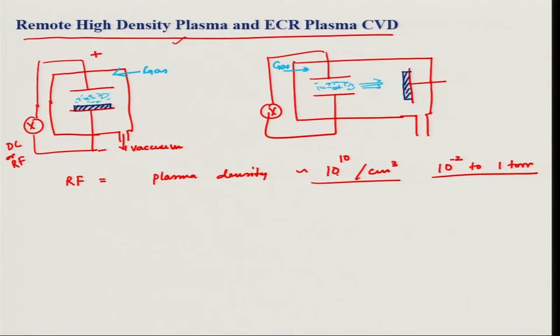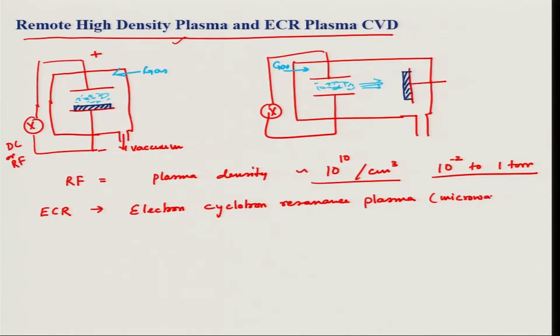However, we can use another type of plasma which is called ECR, or electron cyclotron resonance plasma. ECR plasma operates at microwave frequencies, which are around 2.45 gigahertz.